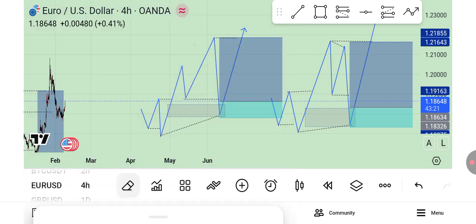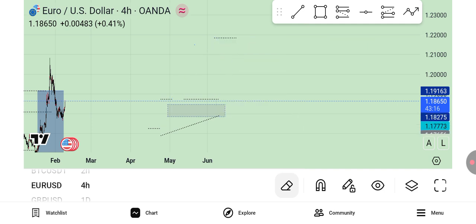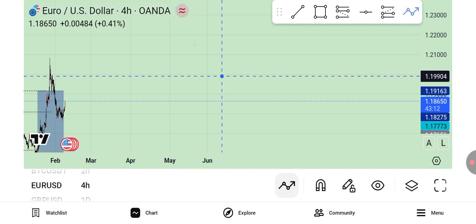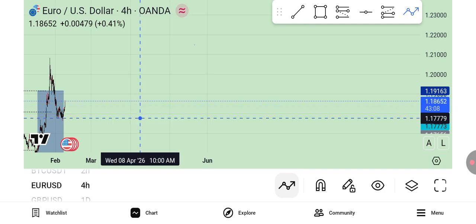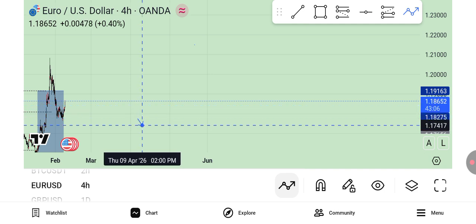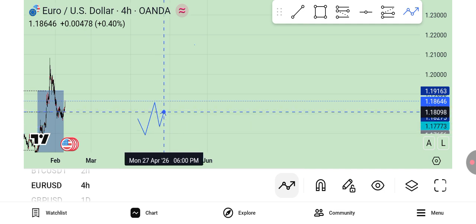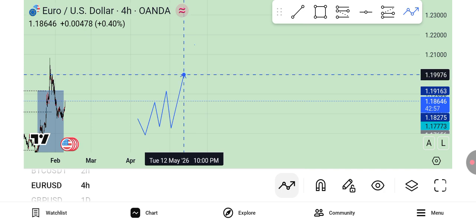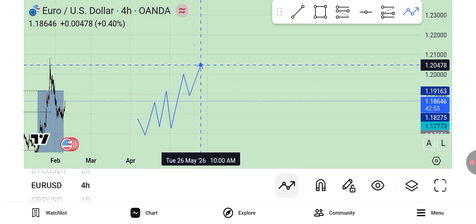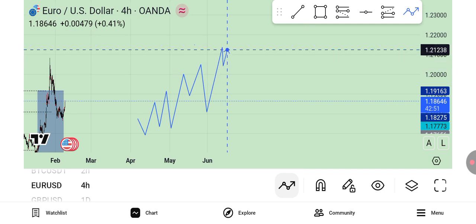So when we are talking about break of structure, is a situation whereby we are still in the direction that we are going. If we are bullish, market is bullish. You understand? Market is bullish. I will show you all the break of structure that we have here.